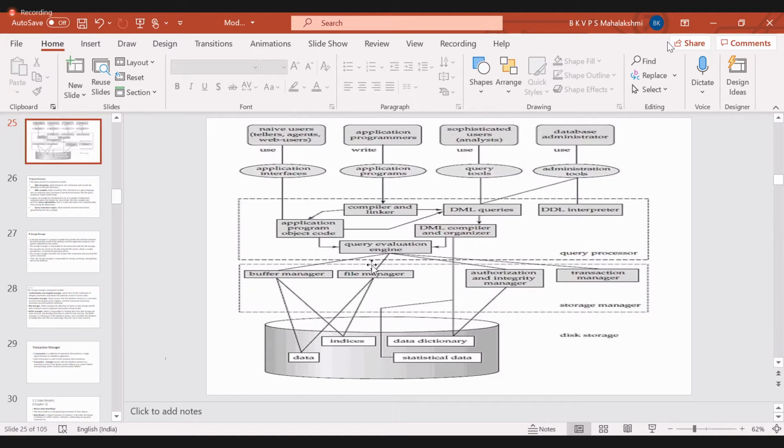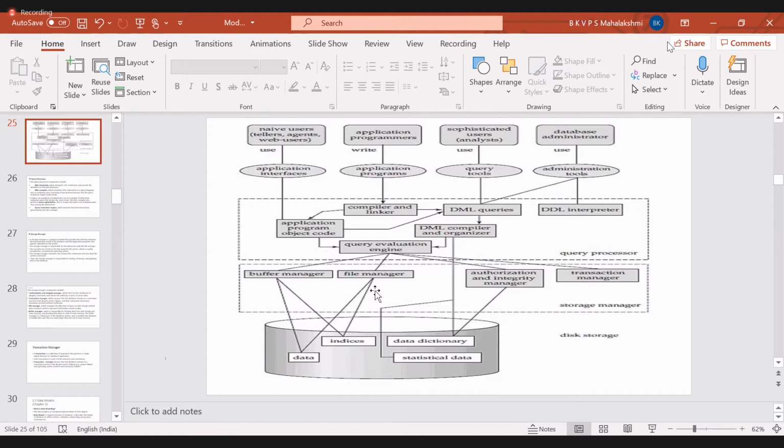Coming to the file manager and buffer manager, what is the responsibility of each? Yes, anybody, anyone. Even I'll welcome the fifth section, the E section students also. If you know the answer, you can answer me.